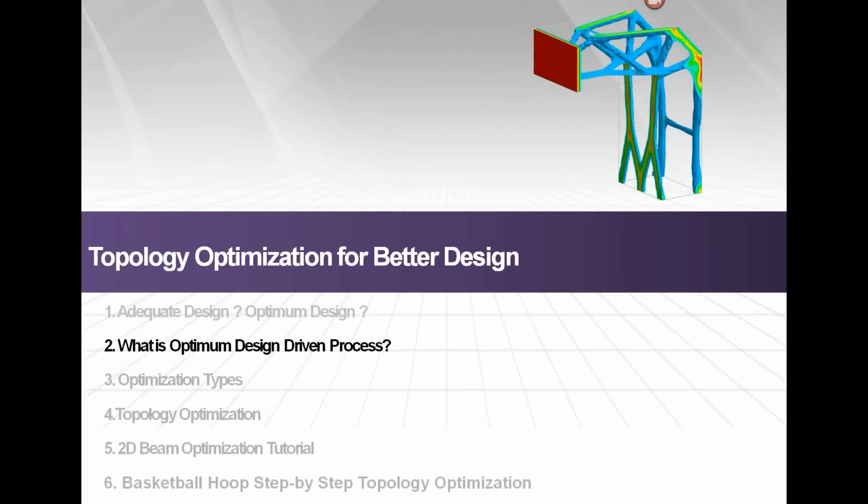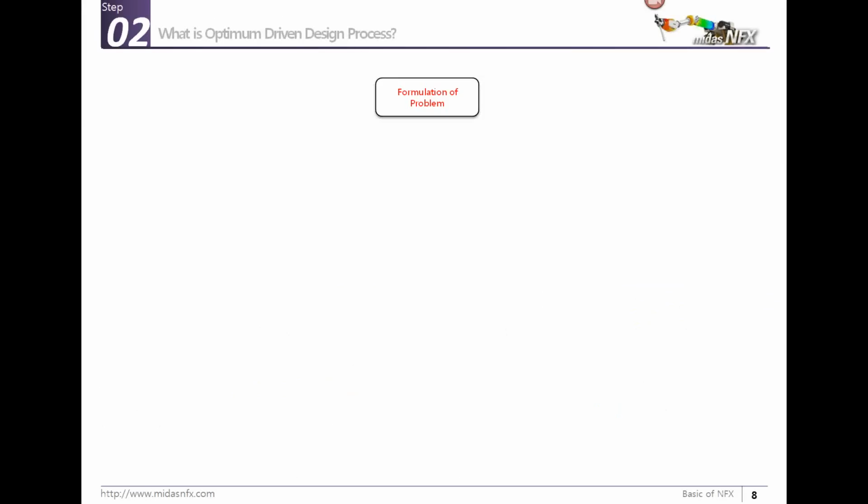Now, what is the optimum design driven process? Well, first of all, you have a formulation of a problem. This is typically your design problem. You want to design a basketball hoop.